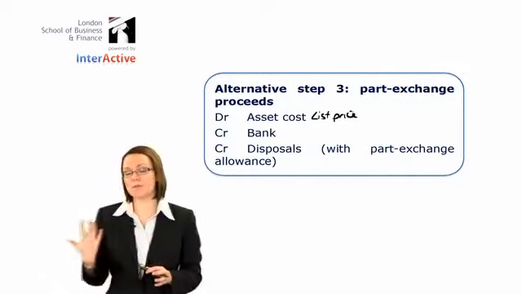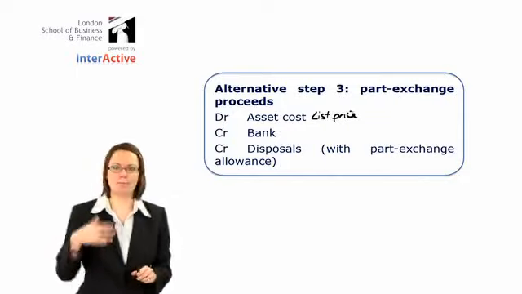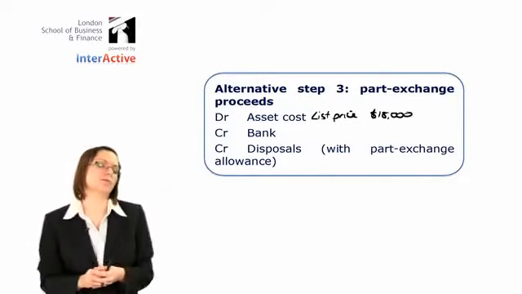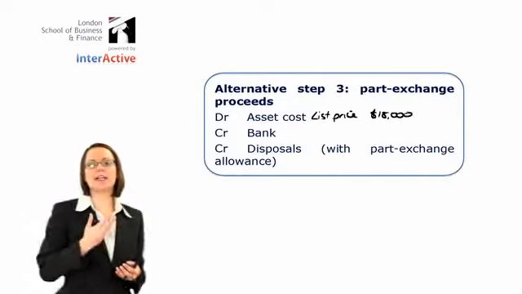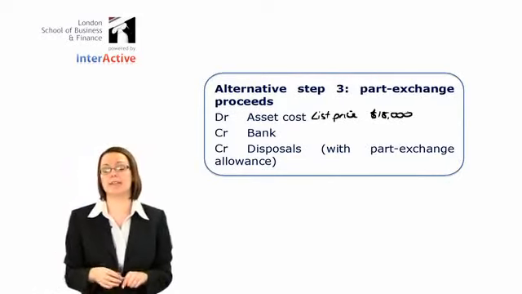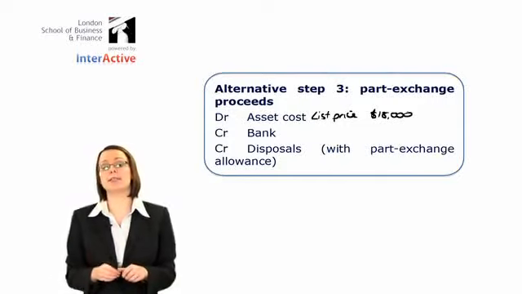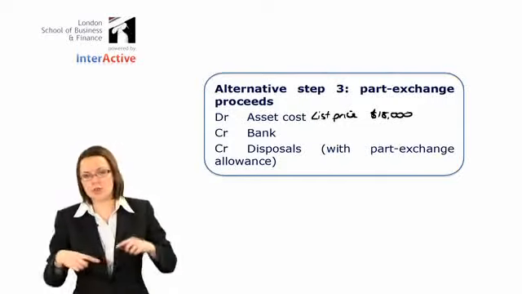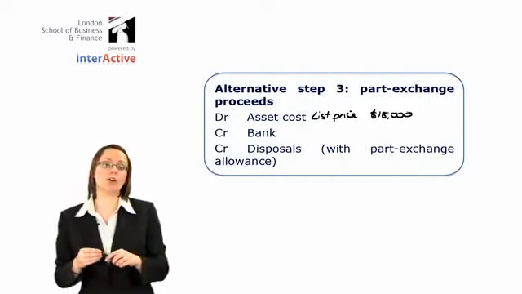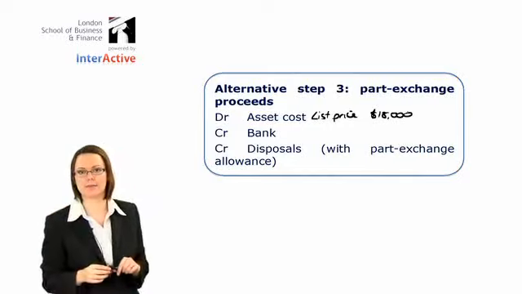Obviously, you are going to have to pay some money to acquire that new asset. So let's put some numbers to this then. Let's say the list price of the asset is $18,000. And you trade in your own vehicle in receipt of a new vehicle with that list price of $18,000. Now, you've traded in your own vehicle and the dealership has said, okay, well, as a result of you trading in that old vehicle, what you are going to receive is a $2,000 discount on that list price.